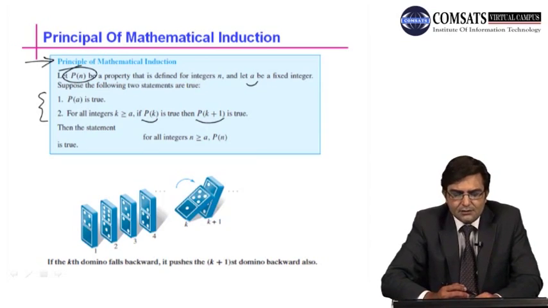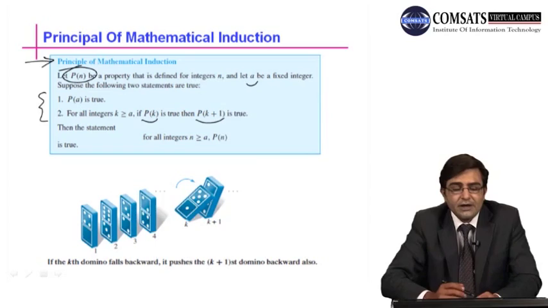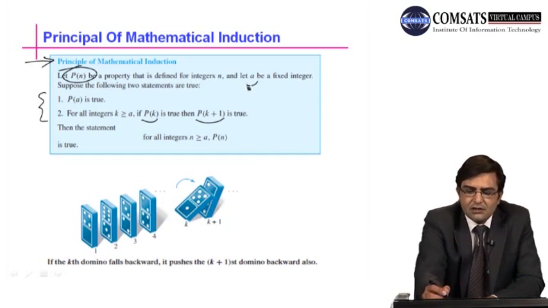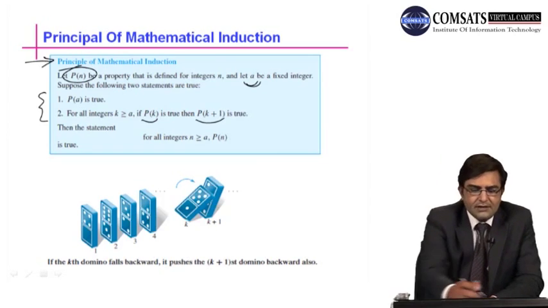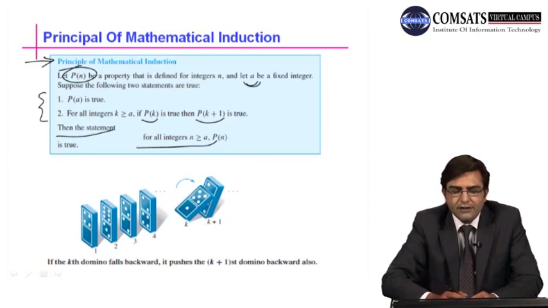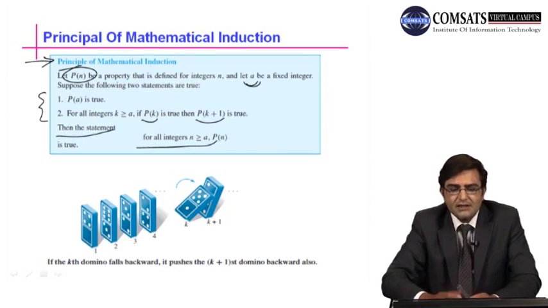If we succeed in proving these two statements for the given property P of n, then we can say that the given property P of n is true for all possible integers greater than or equal to a. Then the statement for all integers n greater than or equal to a, P of n is true. So this is basically the principle of mathematical induction.